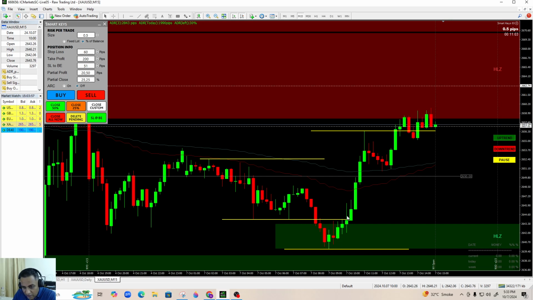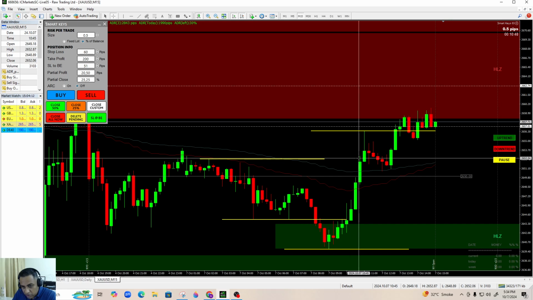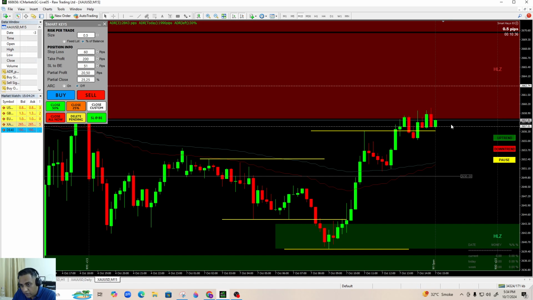Closed back inside and above the Asian low, and pushed all the way up. Once it closed back above the Asian low, it pushed straight to the Asian high, right? And pushed further, creating the London high. Pulled back, closed above the London high, and now we are ranging above the London high, right? That's what's happened.